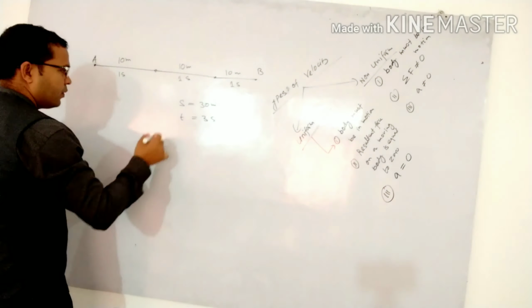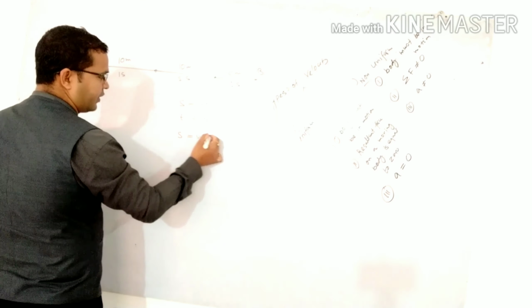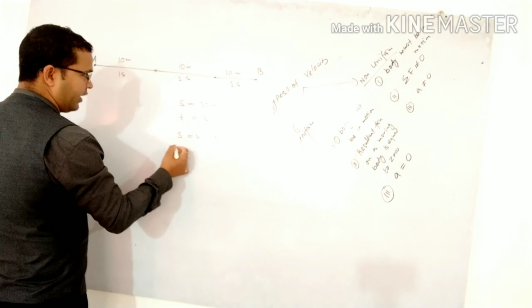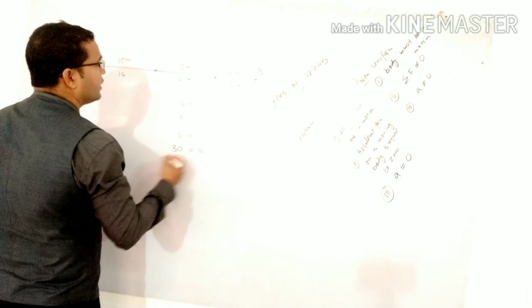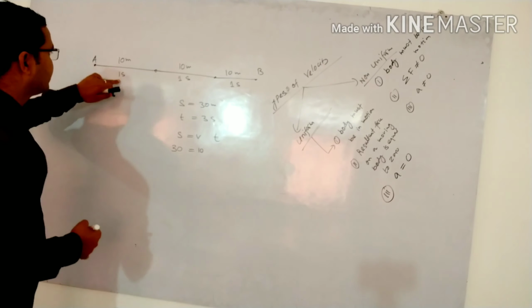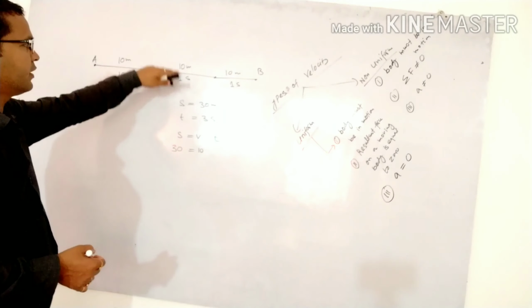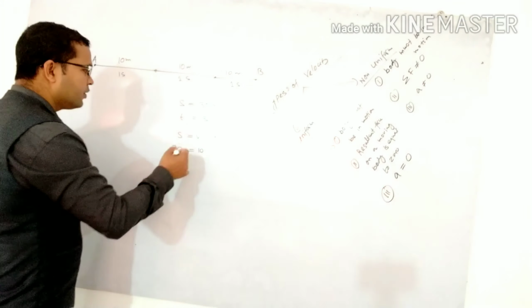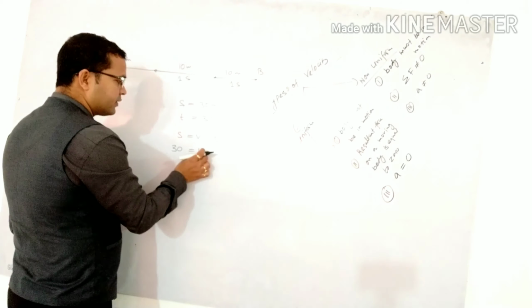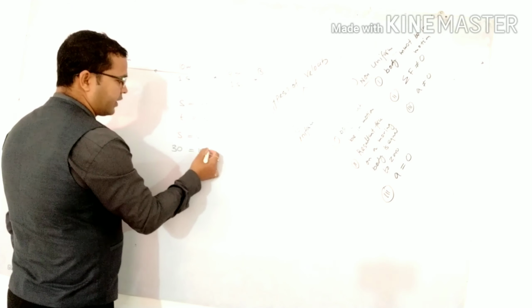So if the formula is written like that, S is equal to Vt, here S is equal to what? 30, and V is equal to what? 10. See, everywhere the velocity is 10 meter per second. In 1 second 10 meter is covered, in the next second 10 meter is covered, and again 10 meter is covered. So the velocity is constant here, which is 10 meter per second, and time is 3.